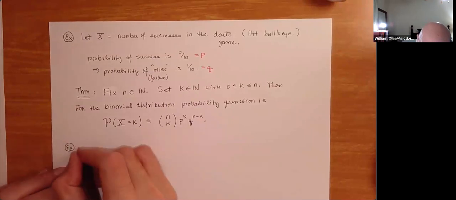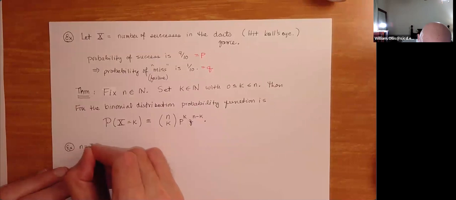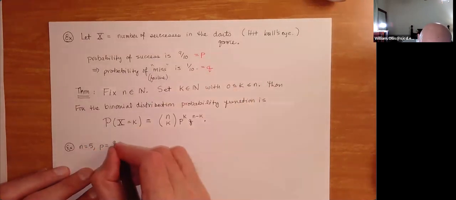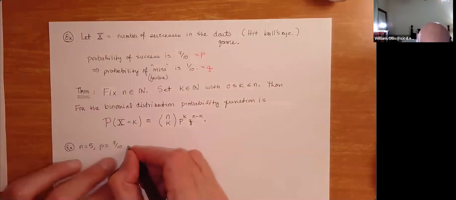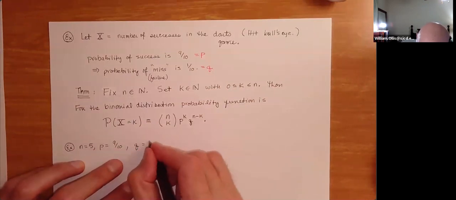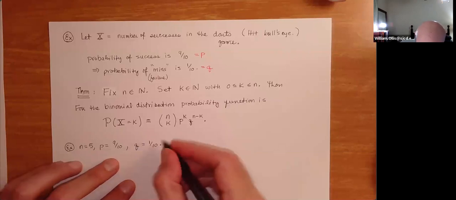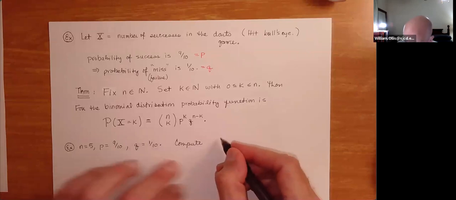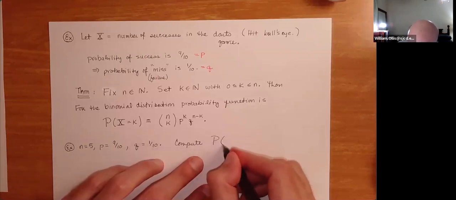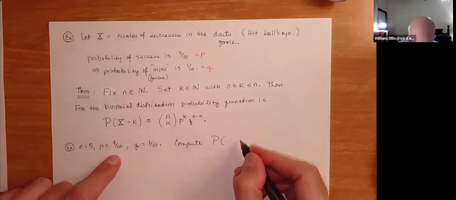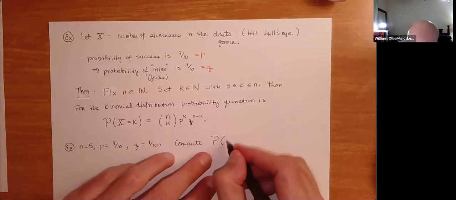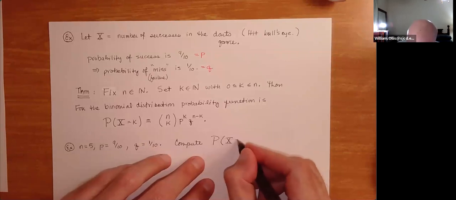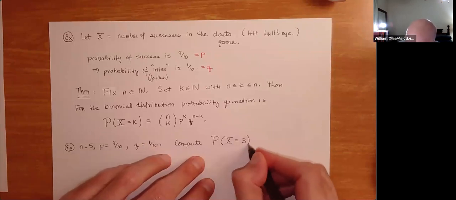We'll say that we have 5 trials, n is 5, p is 9/10, and q, of course, is 1/10. And you want to compute the probability, in this case, of 3 successes. So the number of successes here would be 3.